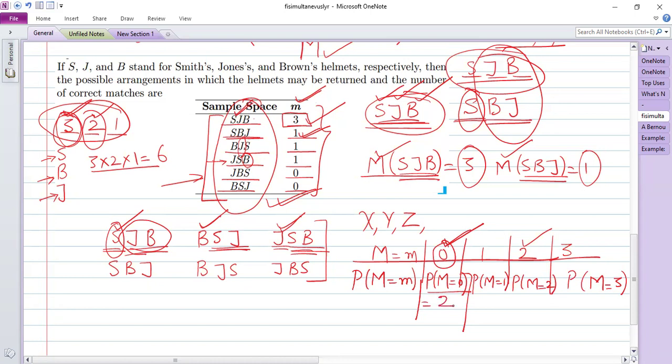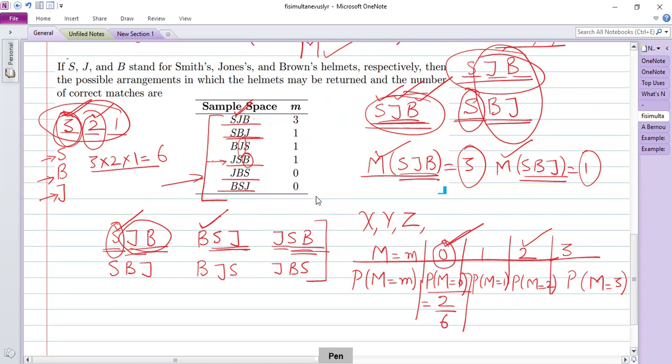It is nothing but 2 by 6, because out of the total 6 outcomes, there are only 2 favorable outcomes for 0 correct matches.